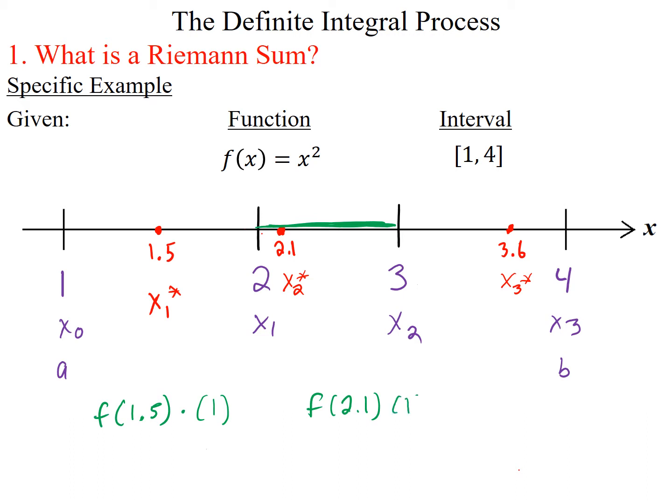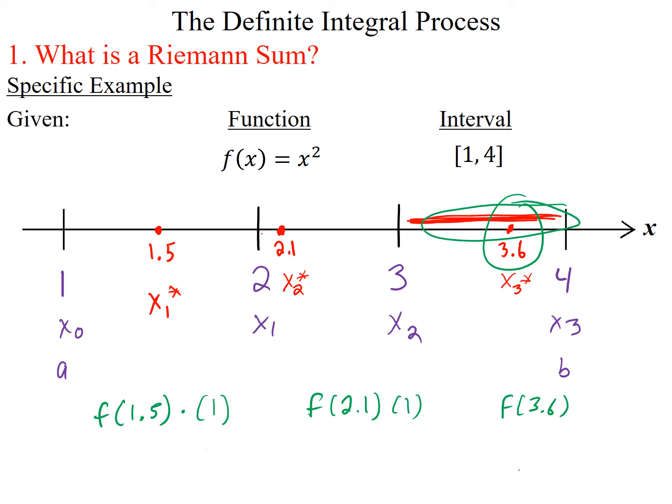Now we'll go to the third subinterval, this one here. Same thing. You're going to plug in the number you picked. In this case, we picked 3.6. Plug that into the function, then multiply by the width of the subinterval. So it's going to be f of 3.6. So you plug in 3.6 into the function, then you multiply by the length of the subinterval, which is 1.